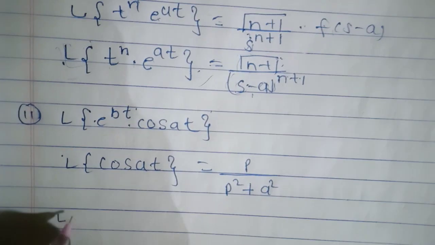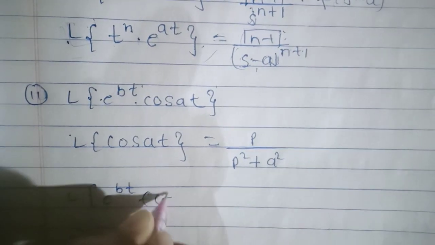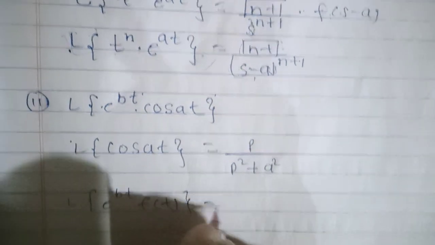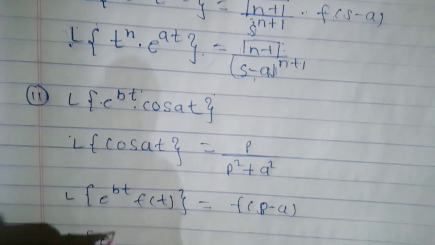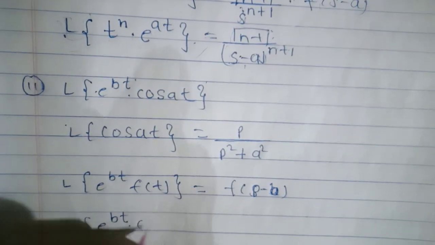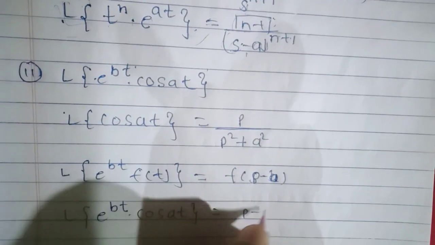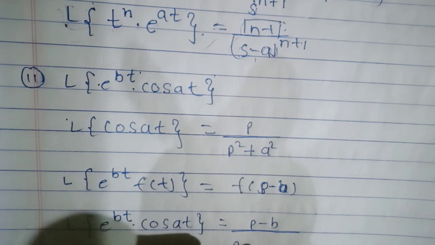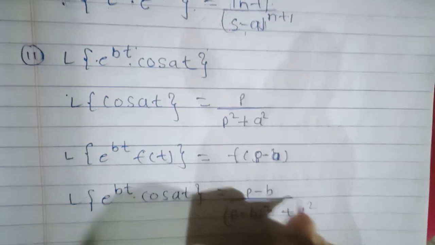Then the Laplace transform of e raised to bt f of t is equal to f of p minus b. So we write the Laplace transform of e raised to bt cos of at is equal to (p minus b) divided by ((p minus b) square plus a square).